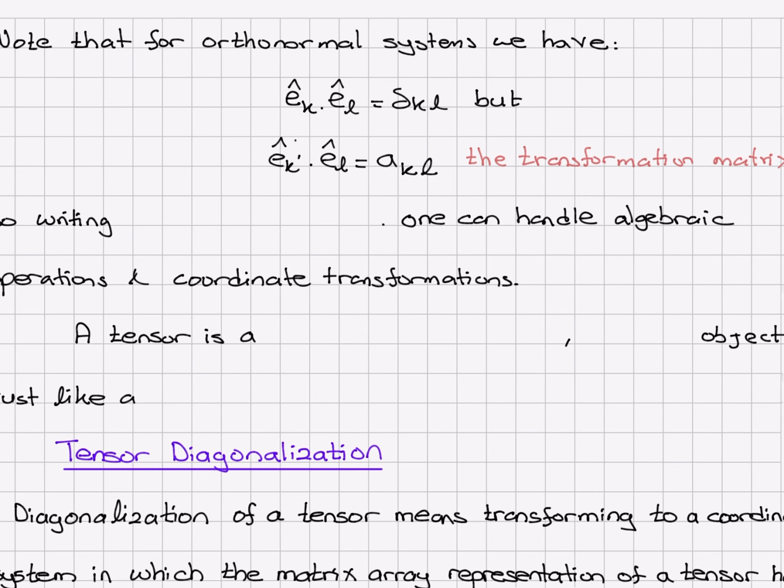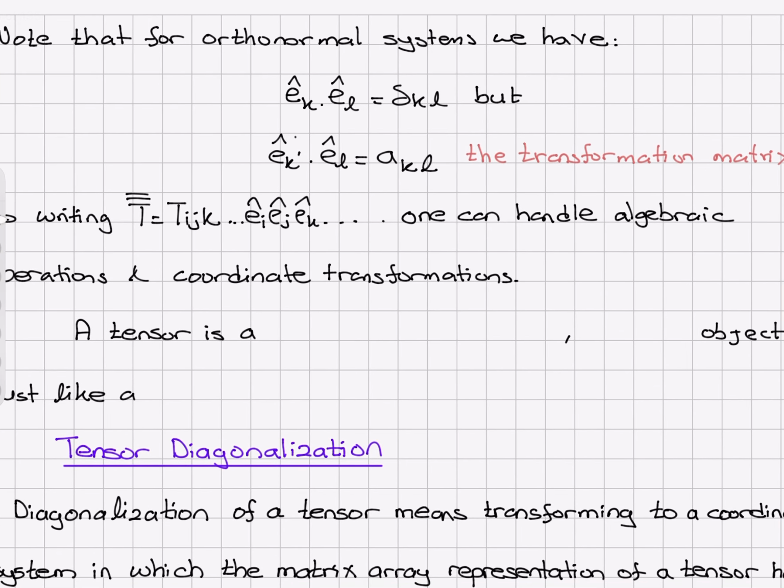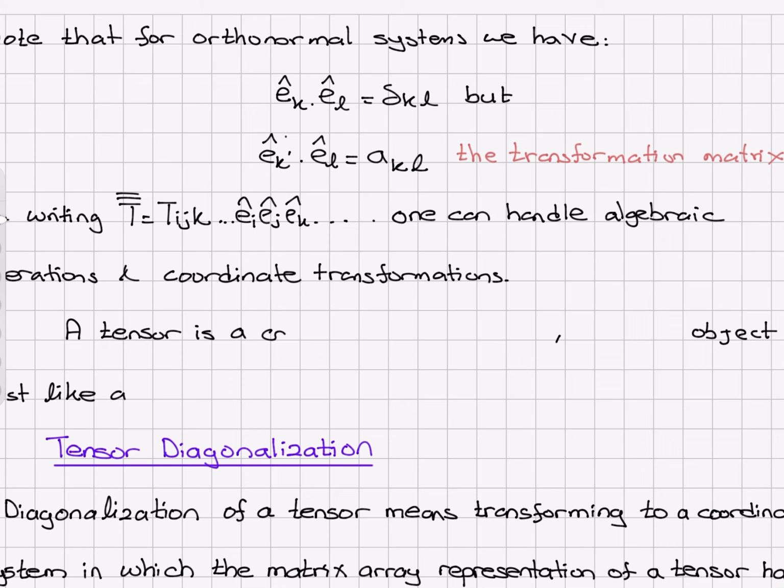So writing my second rank tensor T as T_ijk, or whatever rank it is, e_i hat e_j hat e_k hat, I can handle algebraic operations and coordinate transformations so that a tensor is a coordinate independent geometric object.